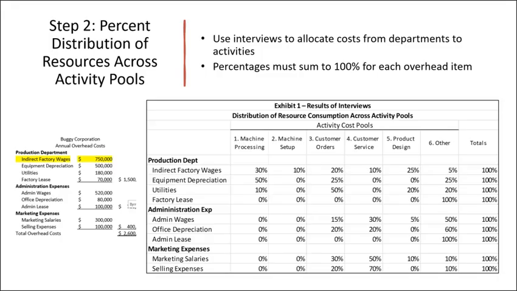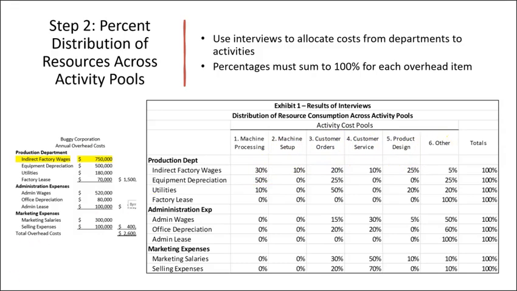At Buggy, the team needs to allocate this $750,000 of indirect factory wages to the 6 different activity cost pools. For this, indirect factory workers such as supervisors, engineers, quality inspectors are asked to estimate what percent of their time is spent dealing with things like machine processing, machine setup, customer orders, customer service, product design, or just other stuff.